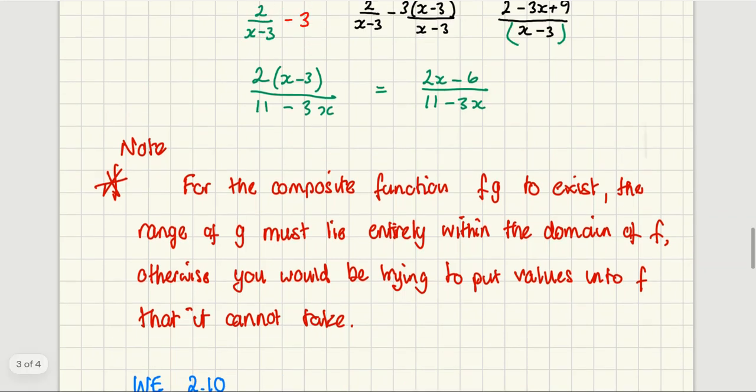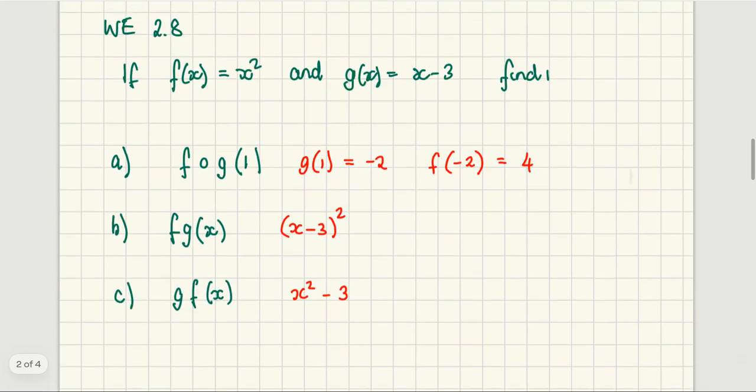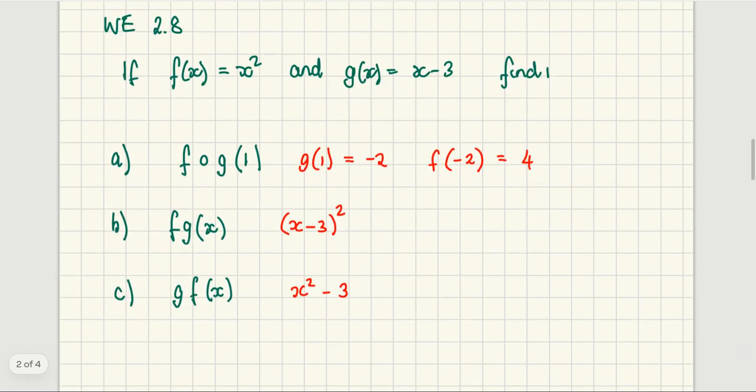So I'm going to go back up to this point here. This is going to be my attempt to explain, which is we put the number 1 into g of x and we got a value of minus 2 out. Now, this number is part of the domain of g of x.